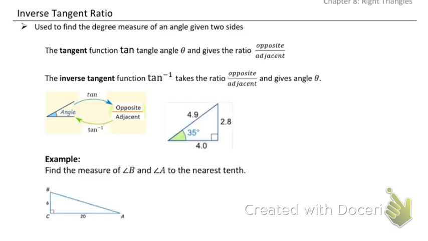Now we're going to talk about the inverse tangent ratio, and talking about it doesn't do it justice till we actually get to it. So let's go through this. So the tangent function tangle? What happened there? Angle. The tangent function, let's cross it out. Tangent of angle theta.